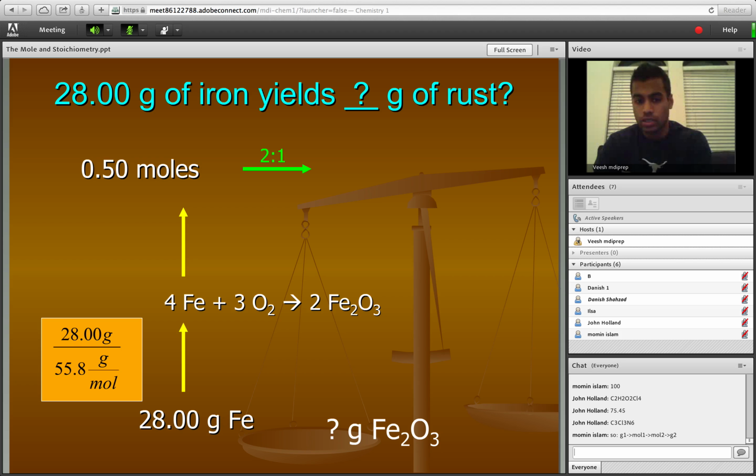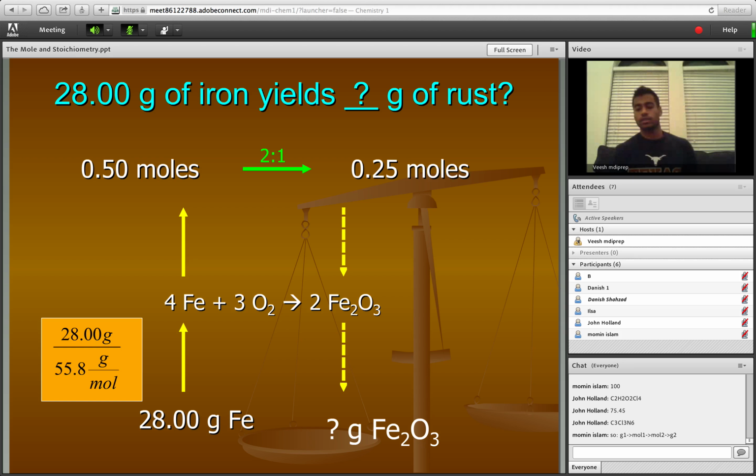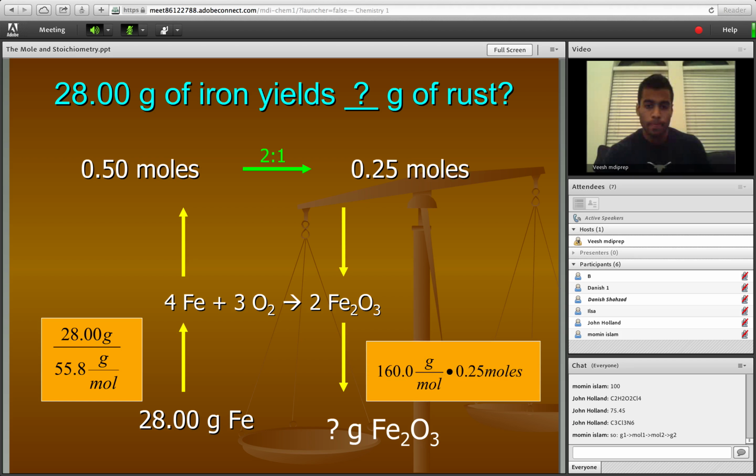Then you're using the ratio, 2 to 1. I used 4 to 2, but 2 to 1 is the same thing. You would find out that there's 0.25 moles of the product. Then you have to convert that to grams, so you'd use the molecular mass again and multiply it this time. You figure out that there's 40 grams of your product.